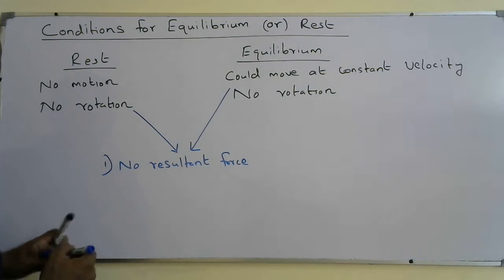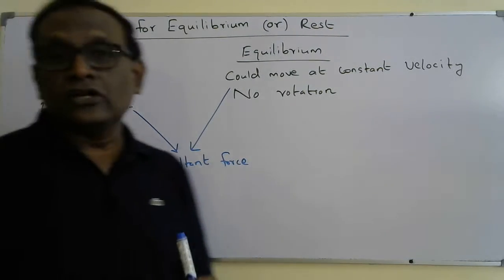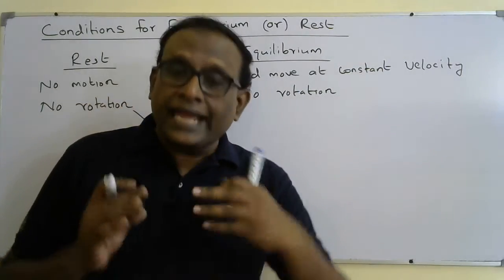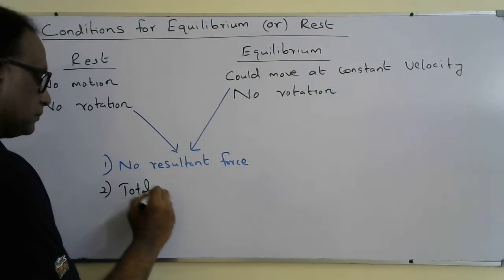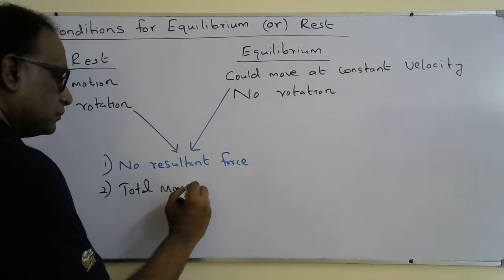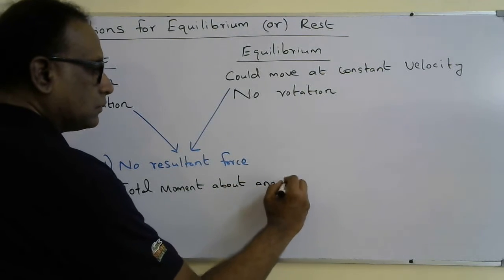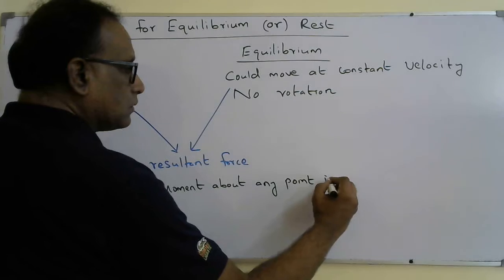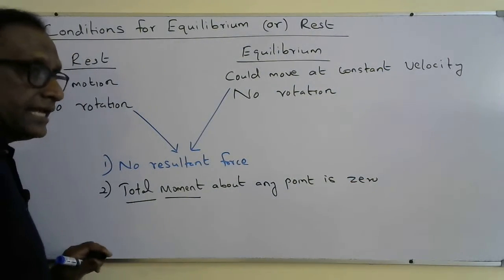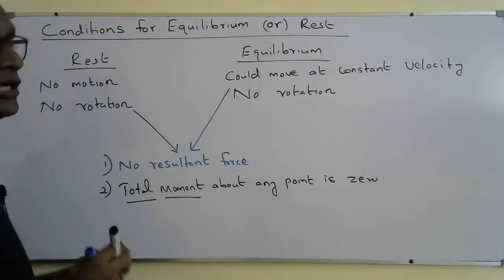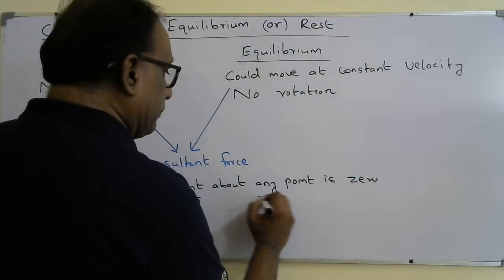The second condition, no moment or turning effect. Total moment about any point must be equal to 0. So total moment, that means I can say total clockwise moment equal total anti-clockwise moment about any point. Careful, any point.